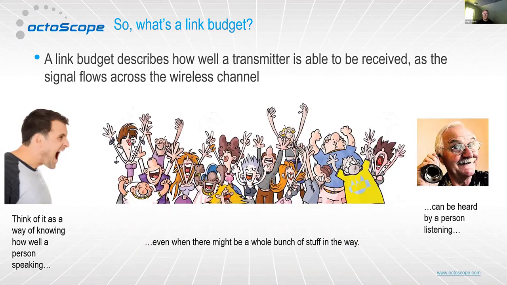What the person is saying has to make it from the speaker to the listener, and there could be a whole bunch of stuff in the way. So if this person yells the words "link budget," by the time it reaches the person listening, it's a much quieter link budget. And if everything works out, that person can still hear what the speaker said.